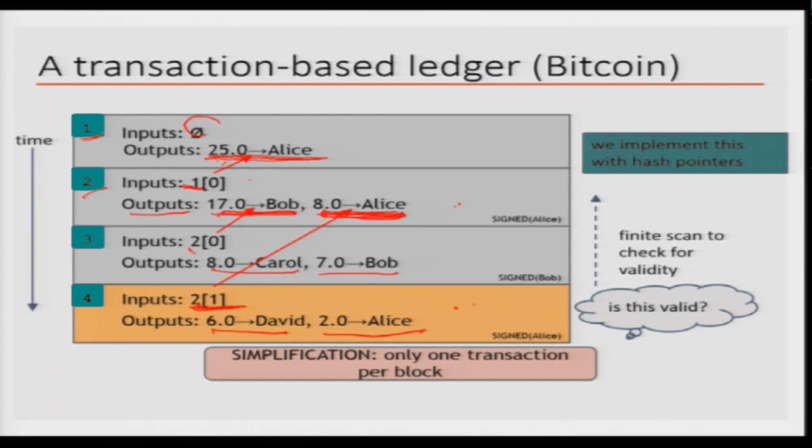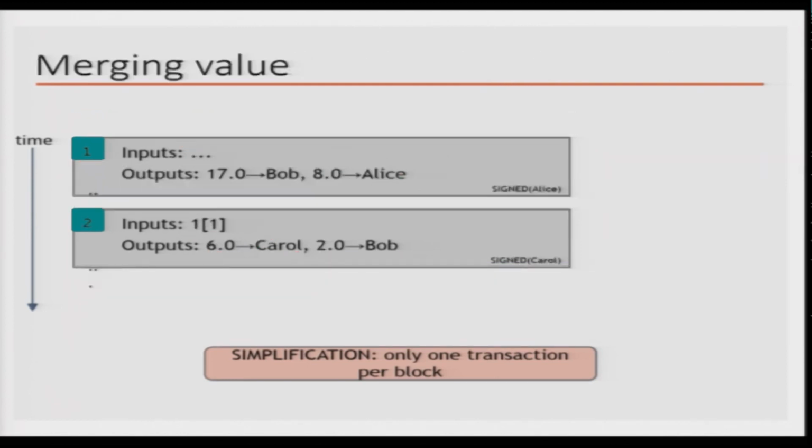But what we also do is that we create hash pointers to these different transactions, so that when somebody refers to a transaction, we can quickly trace back to the transaction that we are interested in. Now, another thing we can do with this mechanism is that suppose I have multiple change addresses on many transactions. I got a different number of coins, or the same number of coins, it does not matter.